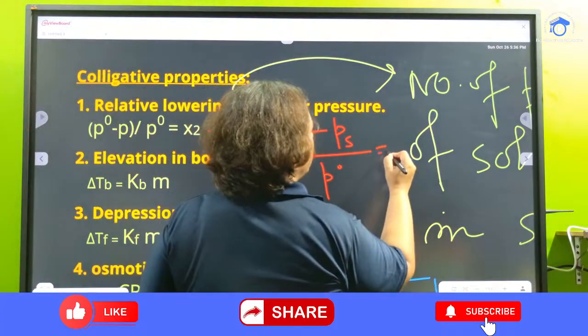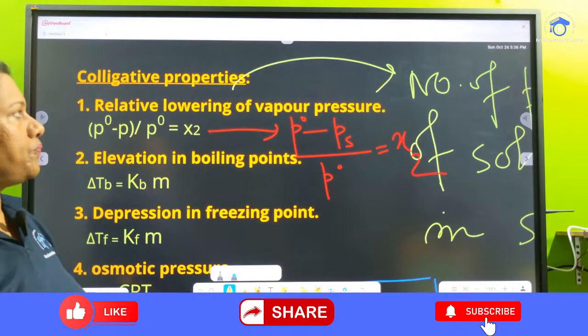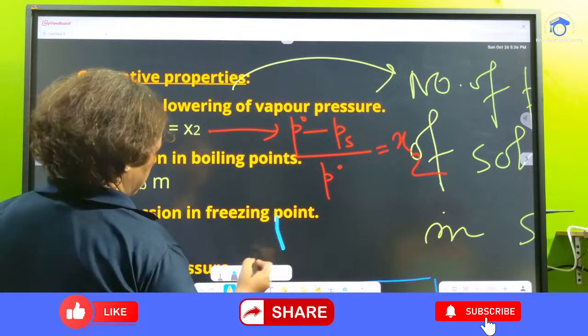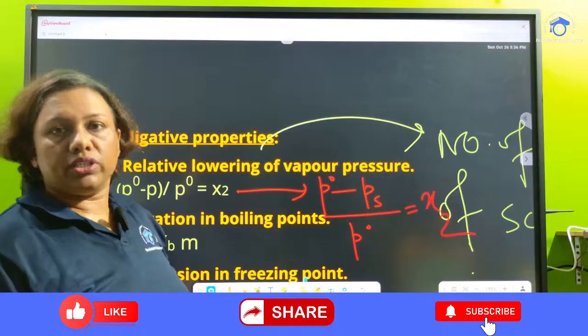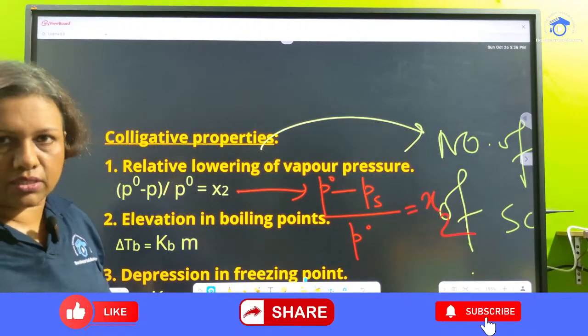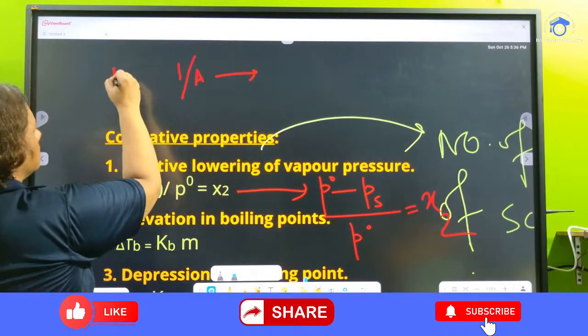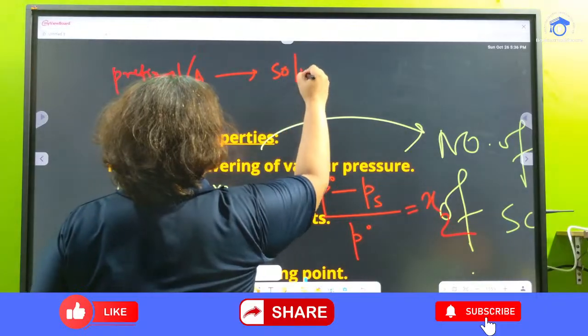This is equal to X2. Now why this 2? Before going into the chapter, I should inform you about that. For this chapter, whenever any prefix comes 1 or A, that means it is for solvent.